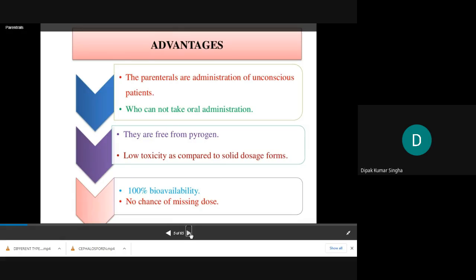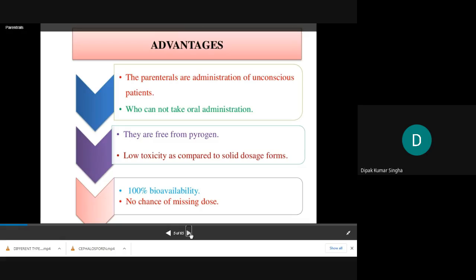Another advantage is 100% bioavailability. What is bioavailability? The rate and extent of drug absorption. Here it is 100%, because it is direct. If you take a 500 milligram paracetamol tablet orally, 100% cannot be bioavailable.